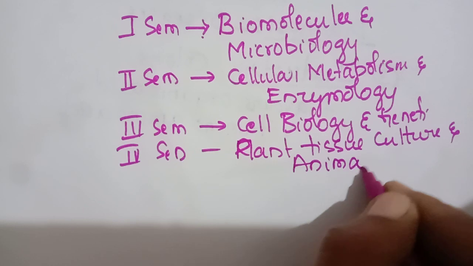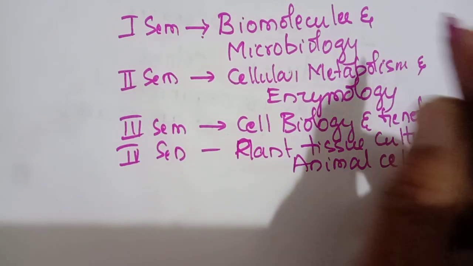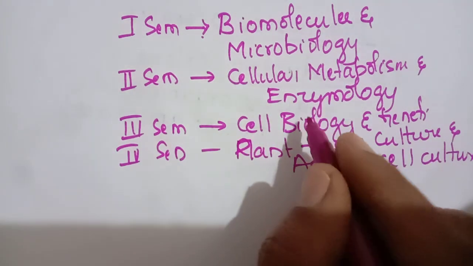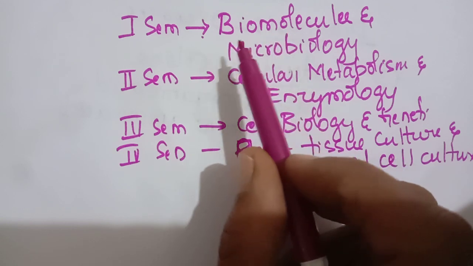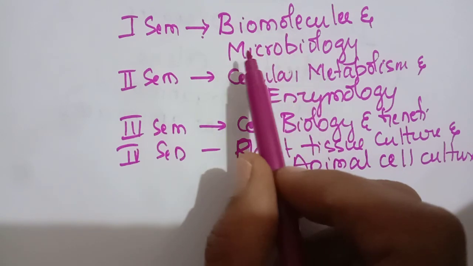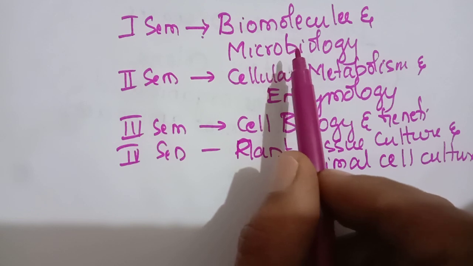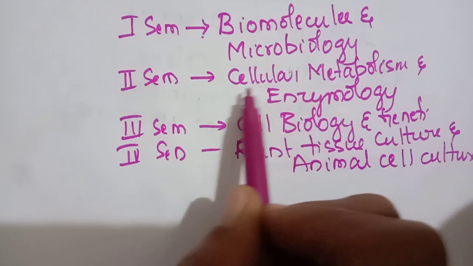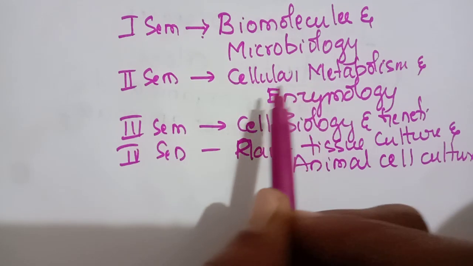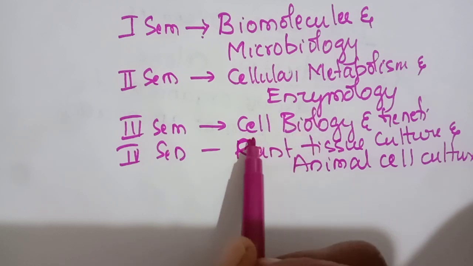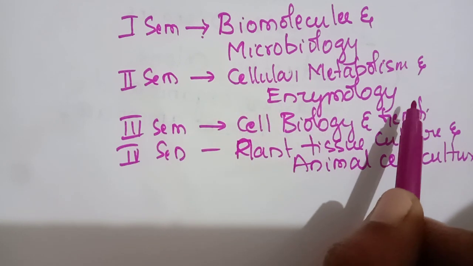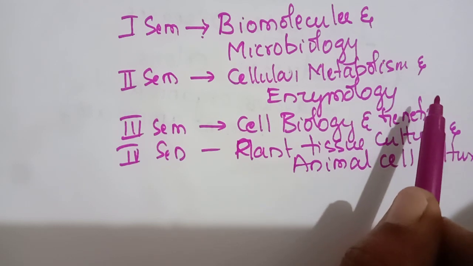You might have observed that in the beginning, the first three semesters, you learn about living organisms: biomolecules present in a cell, microbiology and various kinds of microorganisms, cellular metabolism and cellular pathways, enzymes present in the organism, cell biology with the different types of cells, what cells do and how they replicate. In genetics, how different genes are present and how they influence each other.